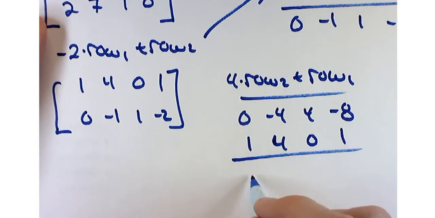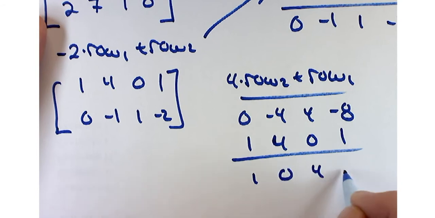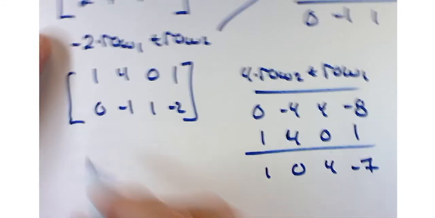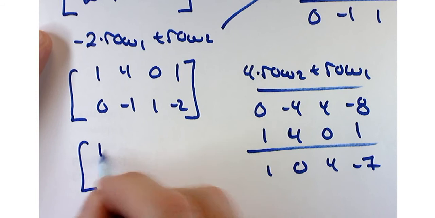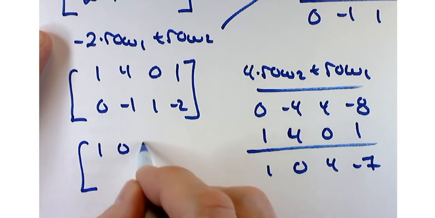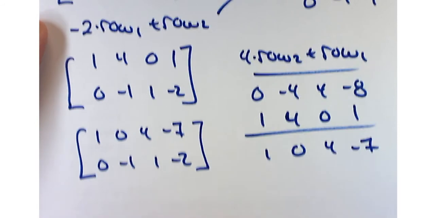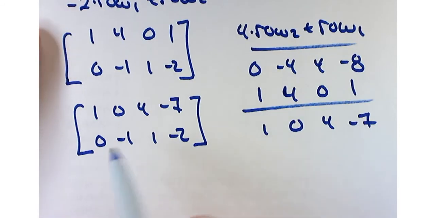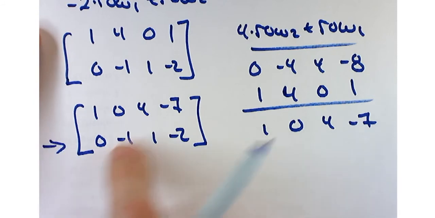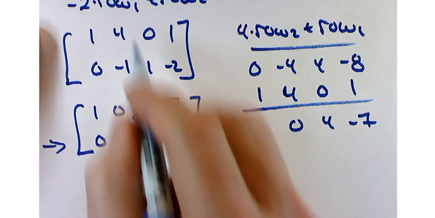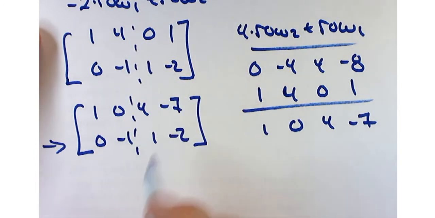So that's going to give me 1, 0, 4, negative 7. So 1, 0, 4, negative 7, 0, negative 1, 1, and negative 2. And finally, to make this completely look like the identity on the left-hand side of this, I'll multiply this by negative 1.